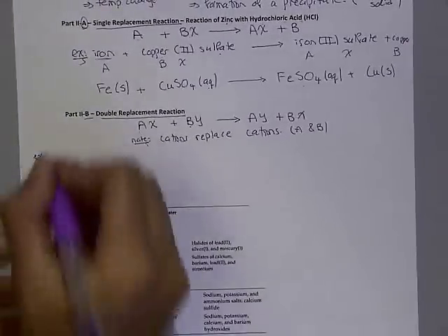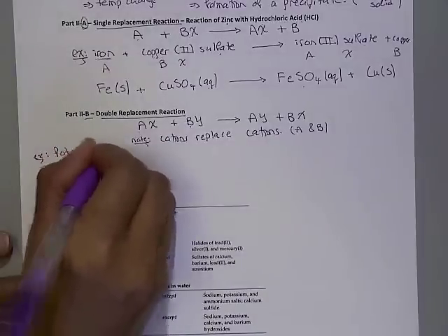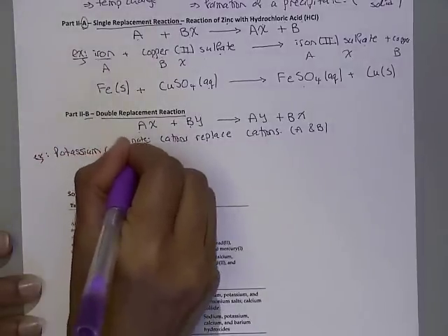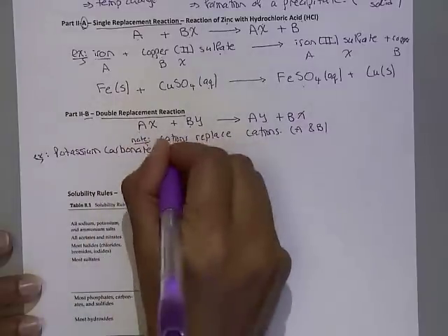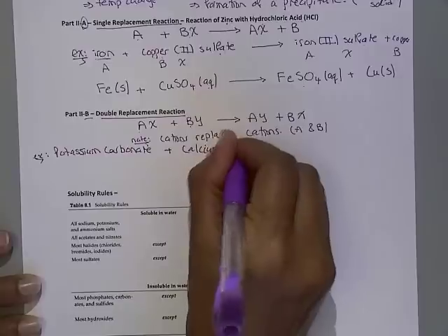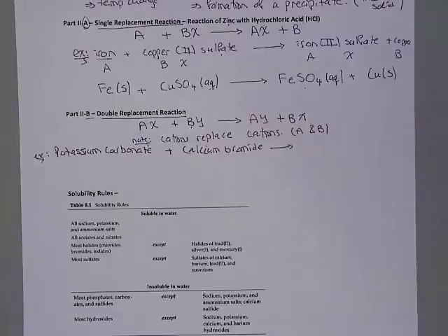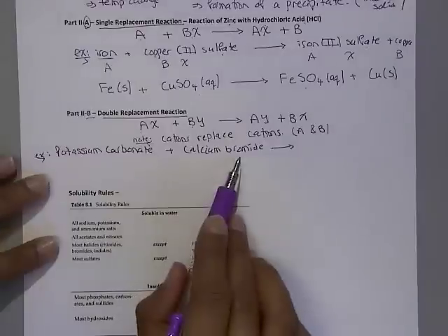So here we have potassium carbonate plus calcium bromide. Now, I need to determine what my products are. So these are my reactants.